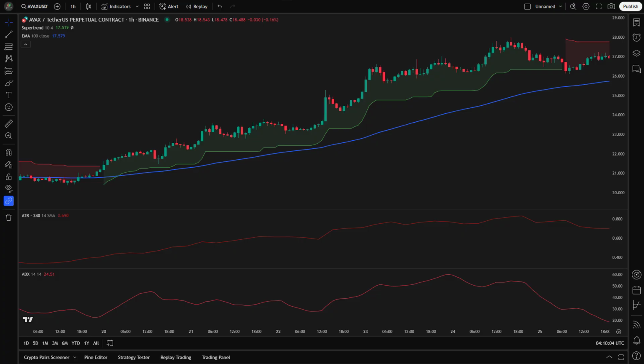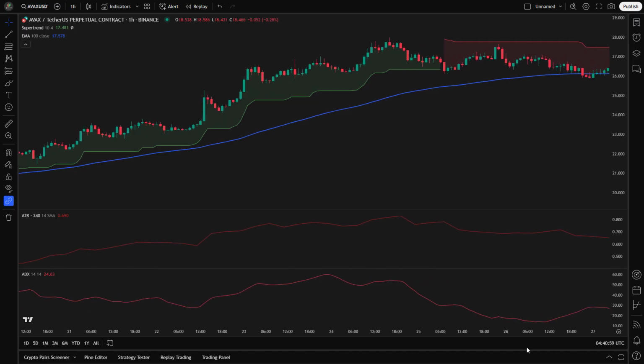Once all these conditions are met, we enter a long position on the next candle. For exiting the trade, we use the Supertrend line as a trailing stop. If the price closes below the Supertrend, we exit the trade and lock in our profits. In this case, everything lined up perfectly. And as you can see, it turned out to be a successful trade.